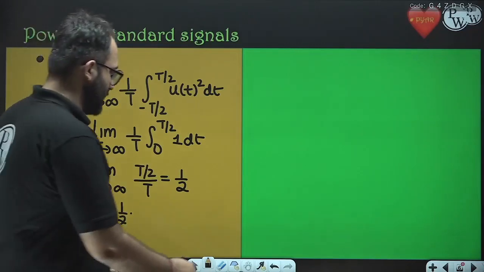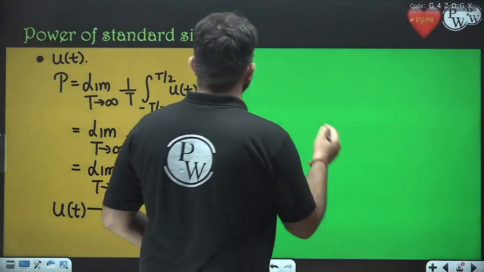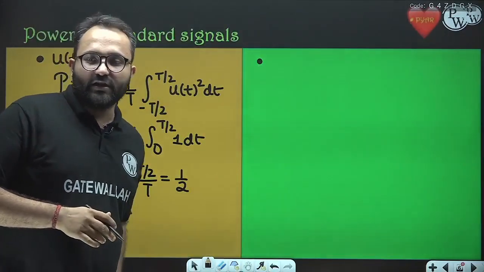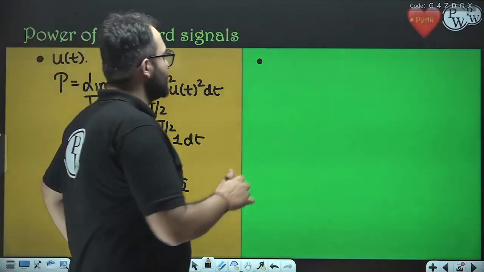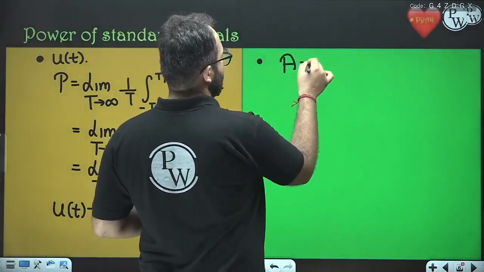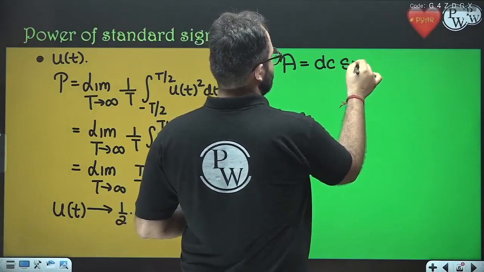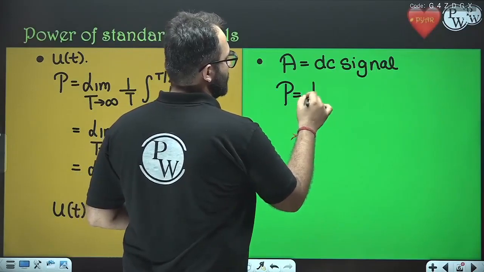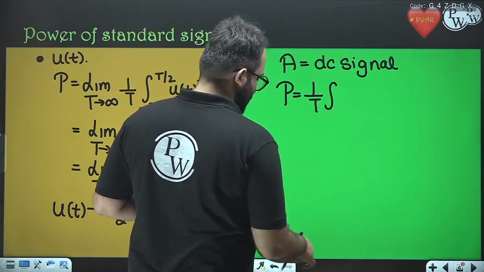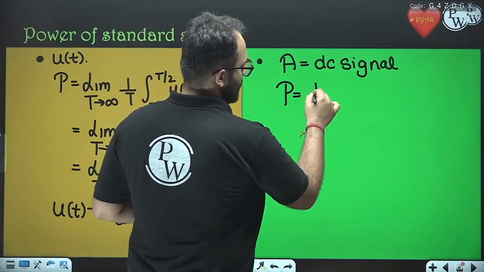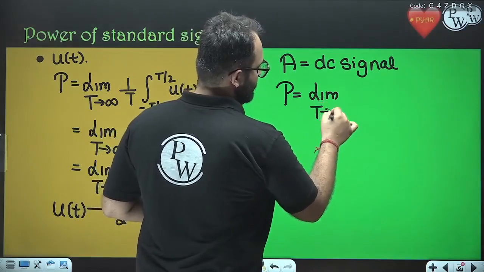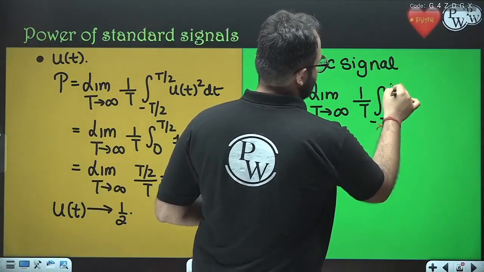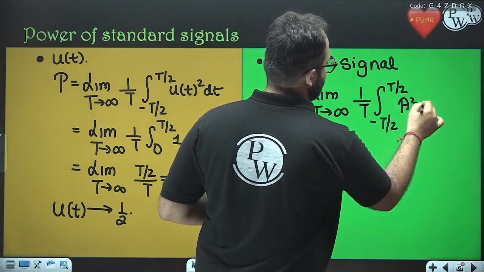Okay. Now another example. Let us take any DC signal. So the power will be, sorry, limit T tending to infinity, 1 upon capital T, integration from minus T by 2 to T by 2 of A square dt.